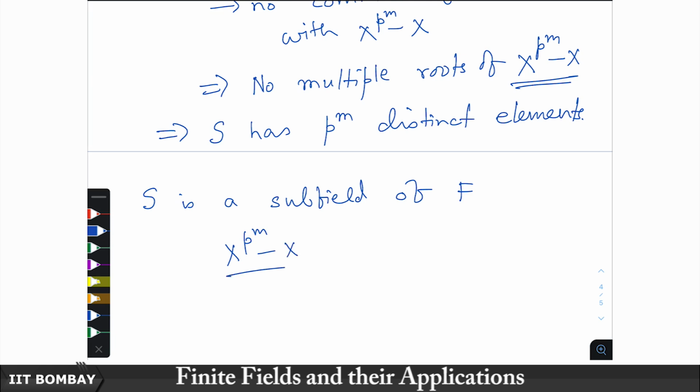So, this is what we have to remember. 0 is a root, so 0 is in S. 1 is in S, this is obvious, 1 minus 1 equal to 0, so 1 is a root.